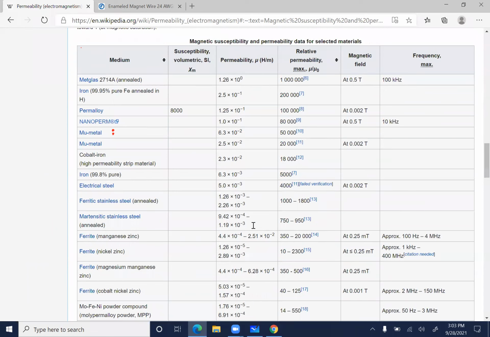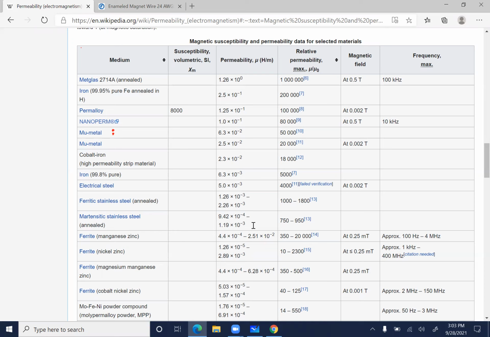So we have a conductance of a wire. Permeability is how conductive something is to magnetic energy. And if you take a look at these elements, you can see iron has a permeability of 200,000 times air, which is pretty good, but it's not outrageously good. If you compare the conductivity of copper, it's like 2 × 10⁸ or something like that. It's 20 million times better a conductor than air is.